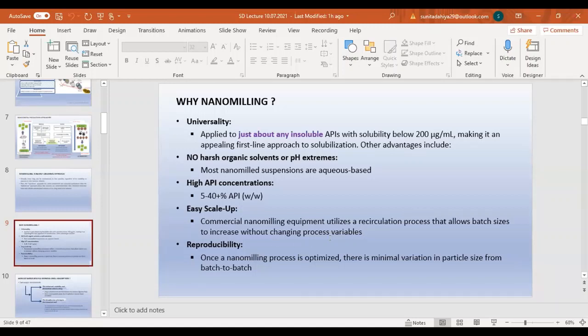Also, commercial nanomilling equipment uses the recirculation process, and it is possible to have many more cycles of nanomilling until you get the particle size of your desired scale, or you can convert it into a continuous process rather than a batch process. Once you optimize all the critical process parameters of nanomilling, like bead size, time of milling, percentage of drug loading, etc., you can have better reproducibility of the production batches. And that's why we say that it is an industrially feasible approach.